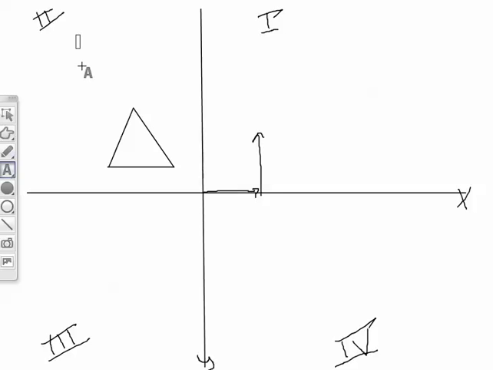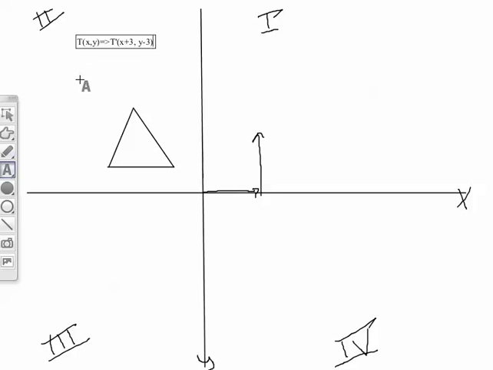I'm going to make a transformation of an xy coordinate, using a rule, such that my T prime, the new point I'm going to be creating, is located at x plus 3 comma y minus 3.